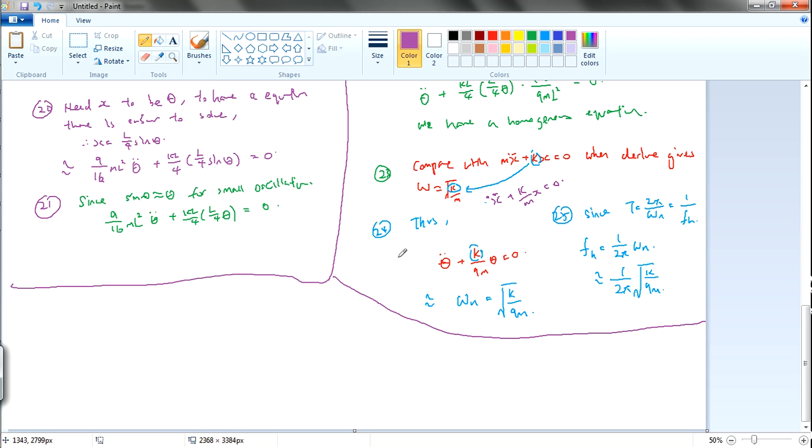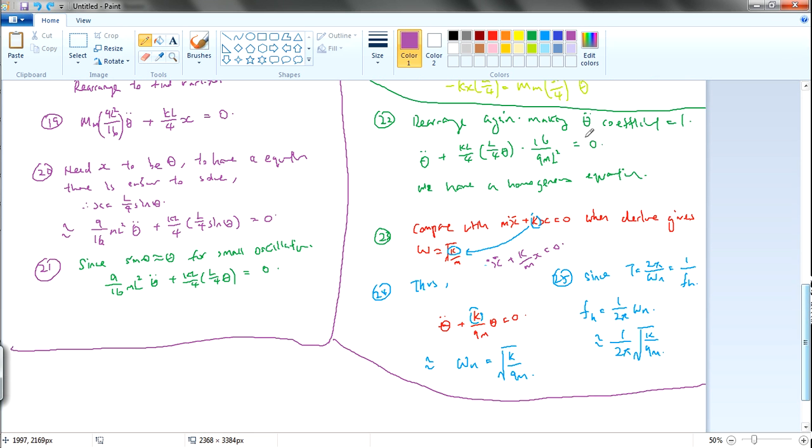So this is the same as this thing. It's just that 9m, now we are talking about 9m theta double dot plus k theta equals to 0. It's the same thing, right? So now this is the square root of k over 9m. So this is why we have natural frequency over here. The same thing, just that the m itself has a coefficient of 9 in this case. I hope this is pretty much clear. You may be wondering why suddenly we have this equation over there.